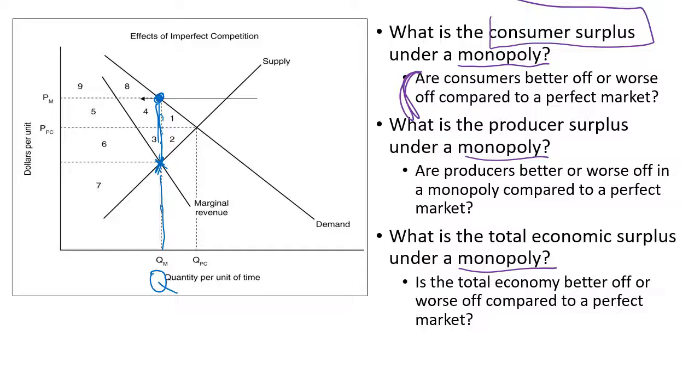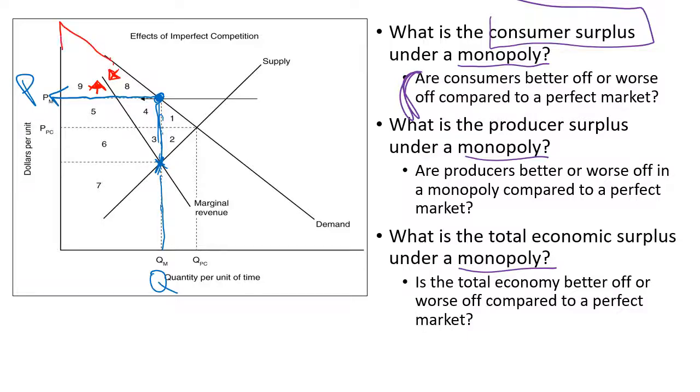And at the price that the demand curve meets, that's going to be our price. Okay, so we still follow the same rules in the sense that the consumer surplus is the points that are above the price and below the demand curve.